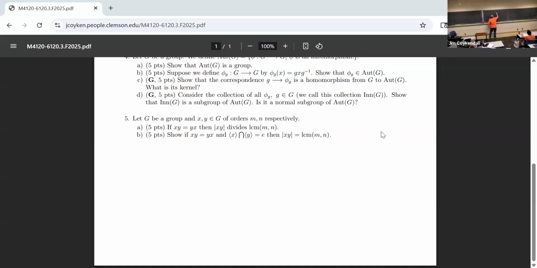Let G be a group and H a non-empty subset of G. Then H is a subgroup of G if and only if for all X, Y in H, XY inverse is in H.